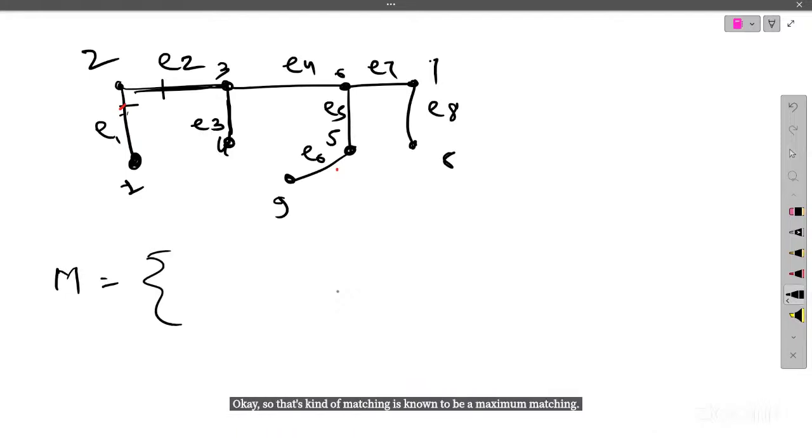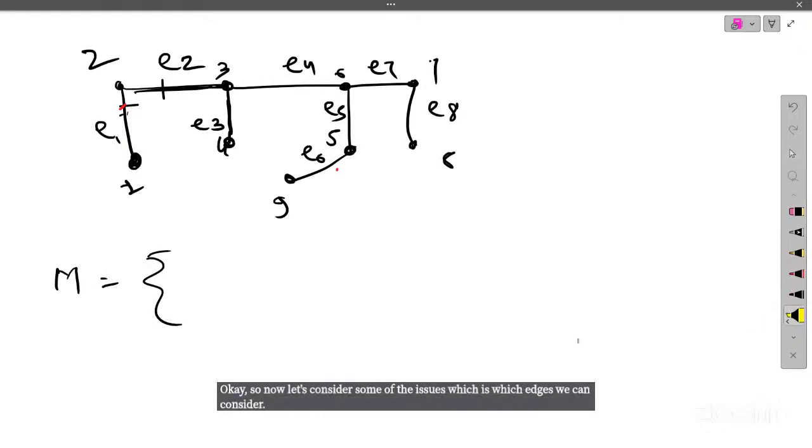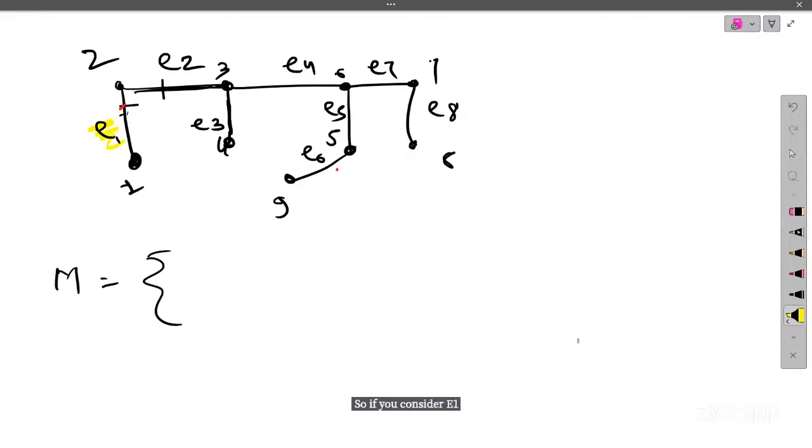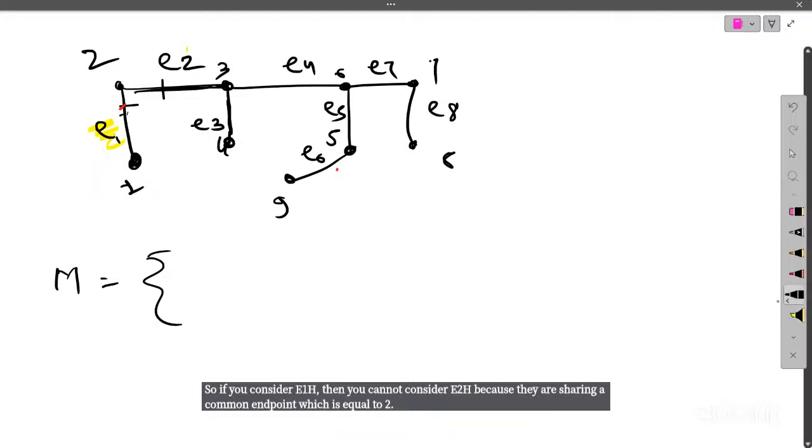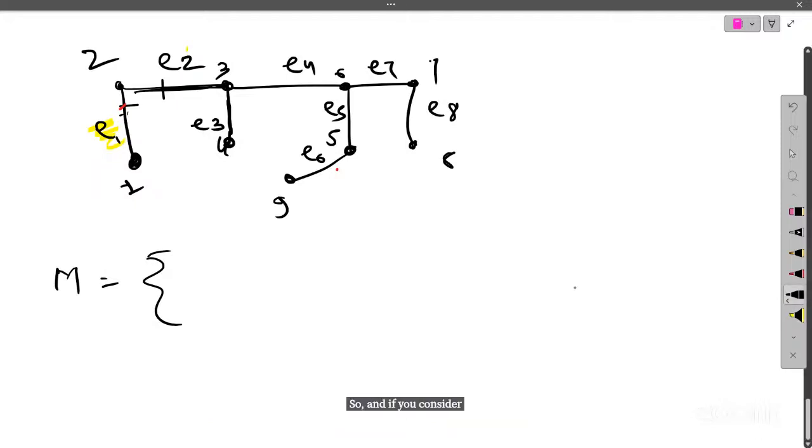Okay, so now let's consider some of the edges. Which edges can we consider? If you consider edge E1, then you cannot consider E2 because they are sharing a common endpoint, which is 2. And if you consider E2, you cannot consider E3 and E4 because again they are sharing the endpoint.